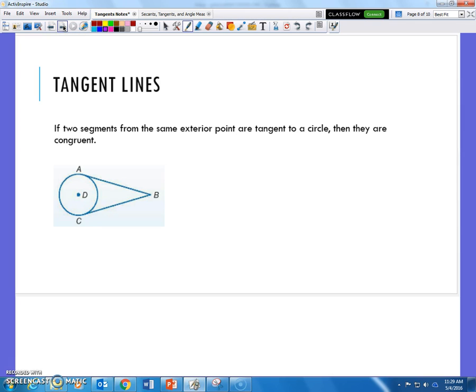I know that if AB is tangent and BC is also tangent, then AB is congruent to CB. It would make sense that it is congruent. So you're looking for that point where those two congruent lines touch. From that point to the point of tangency is always a congruent segment.